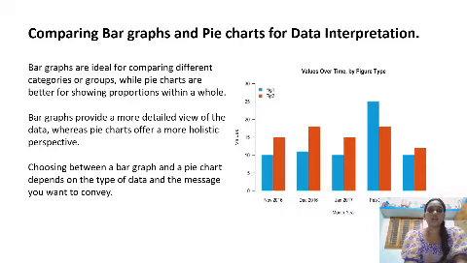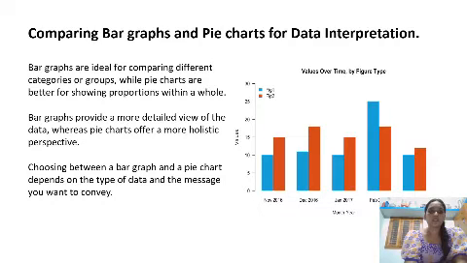Comparing bar graphs and pie charts for data interpretation. Bar graphs are ideal for comparing different categories or groups, while pie charts are better for showing proportions within a whole.